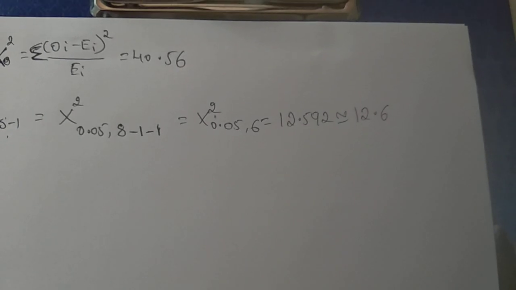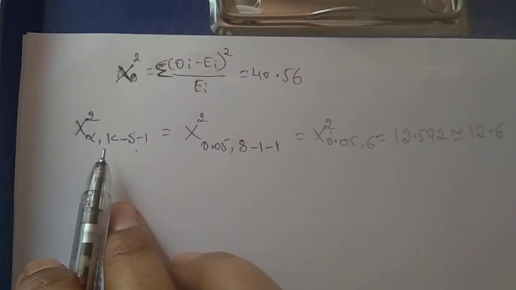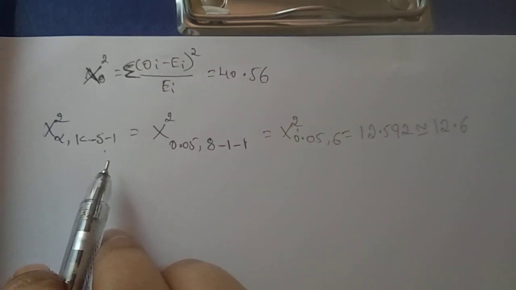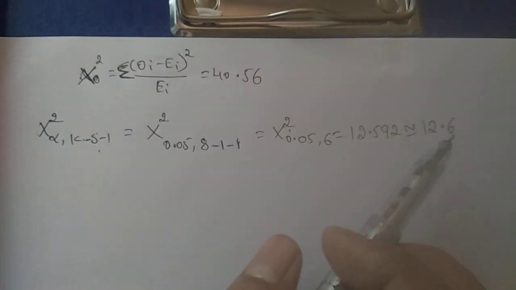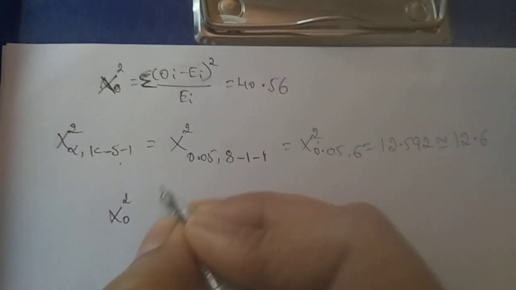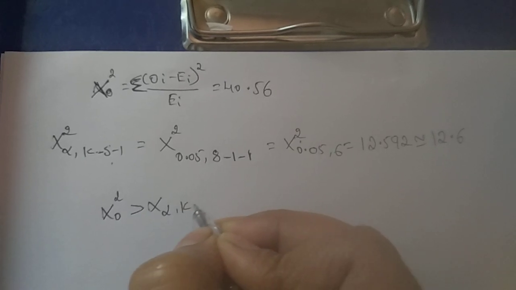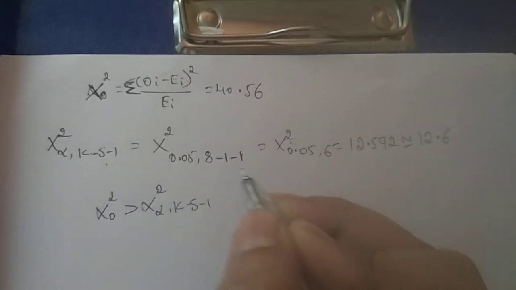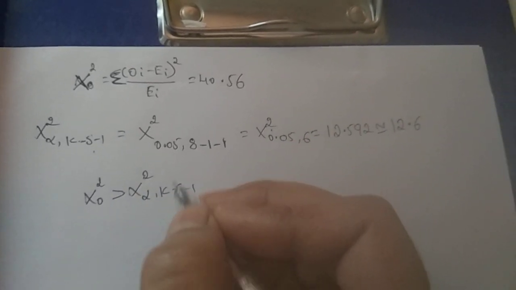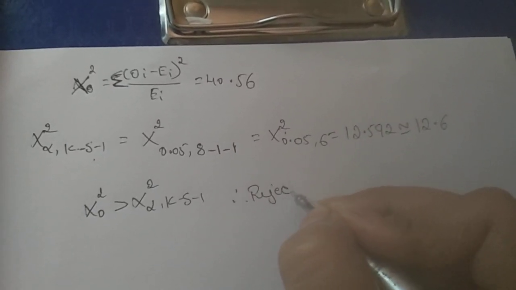Now you have to check whether x square is greater than x alpha or less than x alpha. You can see 40.56 is greater than 12. So x square is greater than x alpha k s minus 1 whole square. If it is greater, you have to reject the hypothesis.